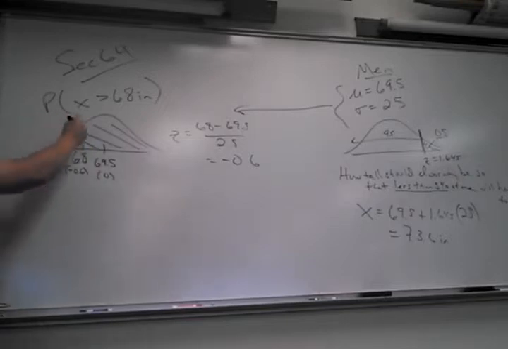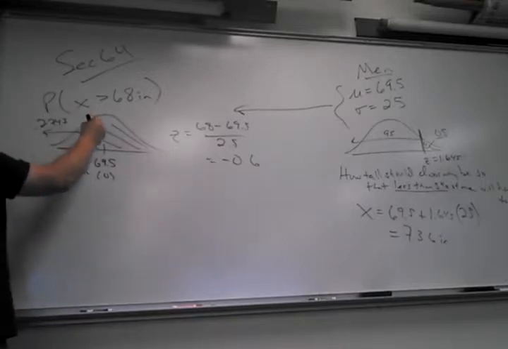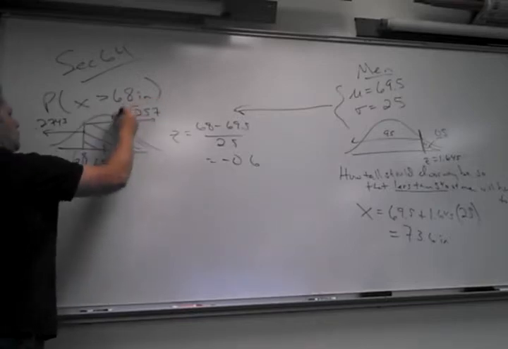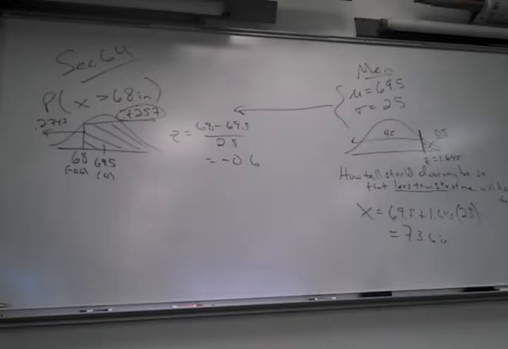And then when you look up negative 0.6, what do you get? 0.2743. Sweet. And of course, then the actual area that I need is 0.7257. Cool. All right.